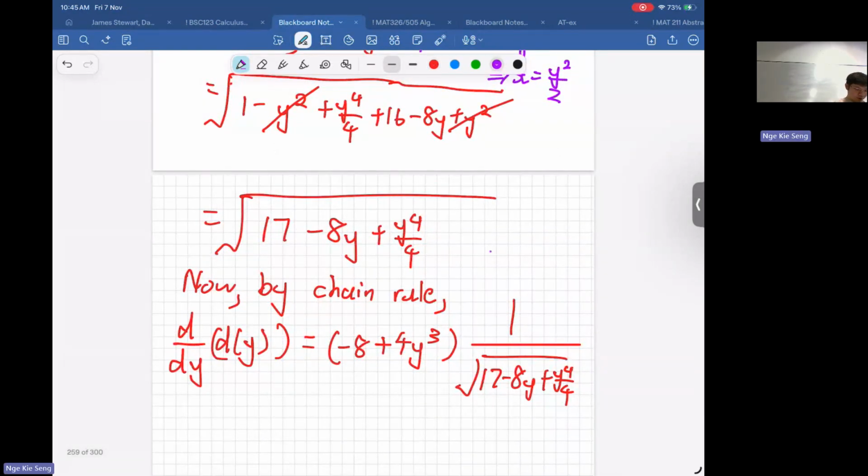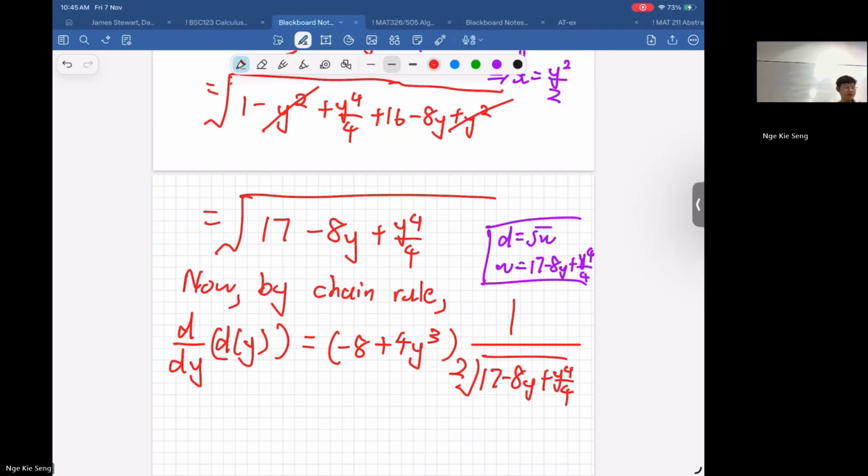Or maybe let me check. What's the chain rule you should use here? So d equals the square root of w, and then w equals 17 minus 8y plus y to the 4. Oh, 1 over 2, I forgot. There's a 1 over 2 here. Anything I miss? Oh, this 1 over 2 is good, right?